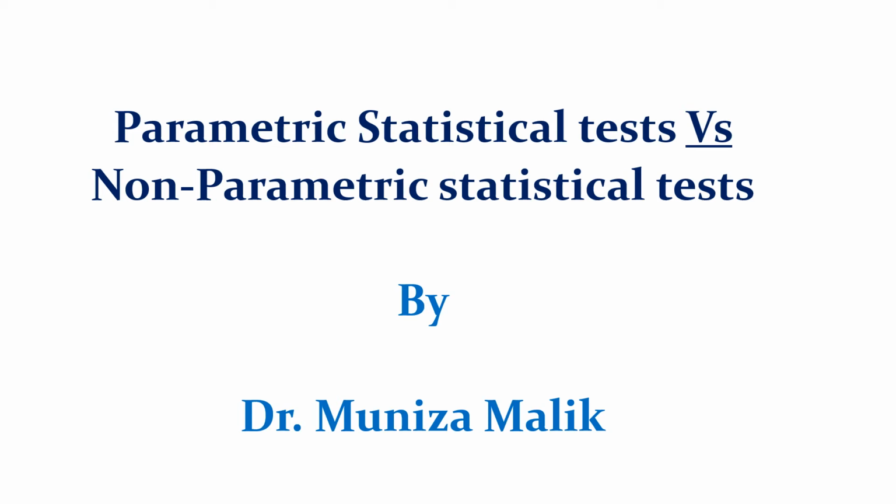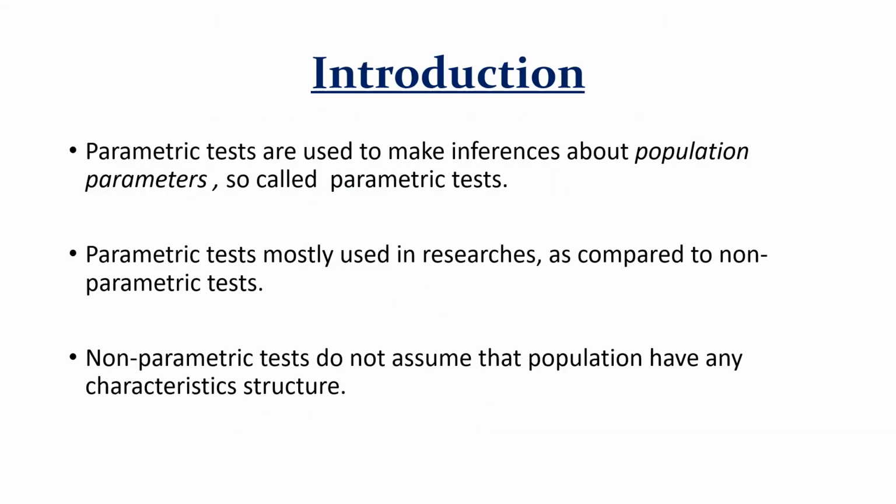Parametric statistical test versus non-parametric statistical test. Parametric tests are basically used to make inferences about population, and for parametric test we take assumptions and we also take information about the characteristic of population, whereas it is not an important condition for non-parametric statistical test.